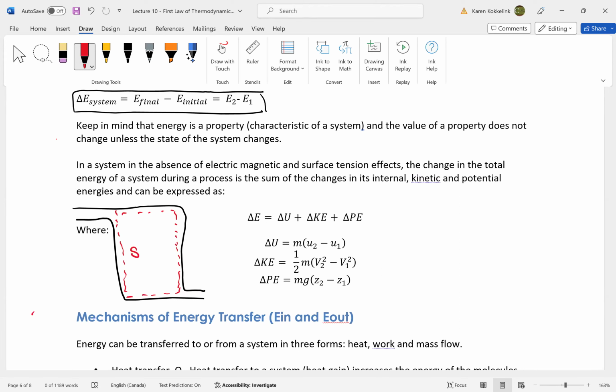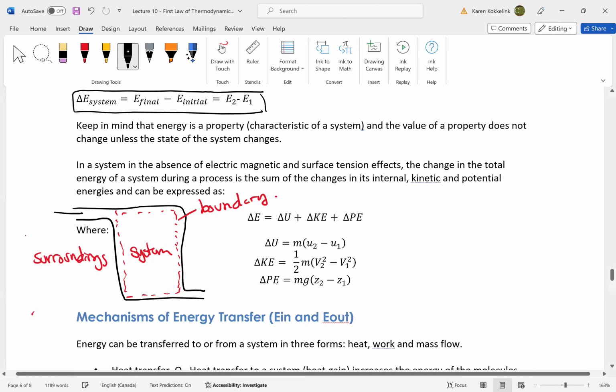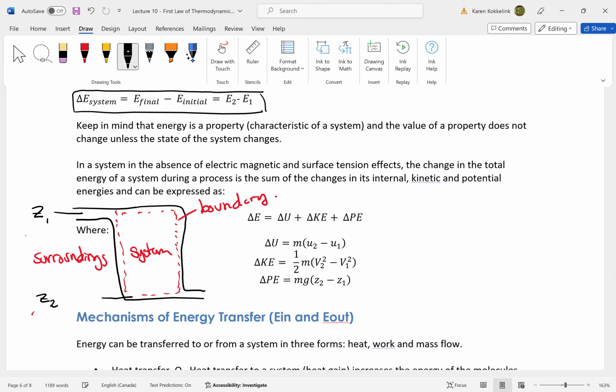I have to define where is the system, where are the surroundings, and what is the boundary. It's a good idea to label anything we know about this system. For example, if this is Z1 on an axis, then this would be Z2. And I have a change in height between Z1 and Z2. I can call that height H.